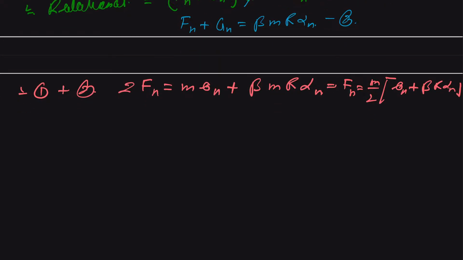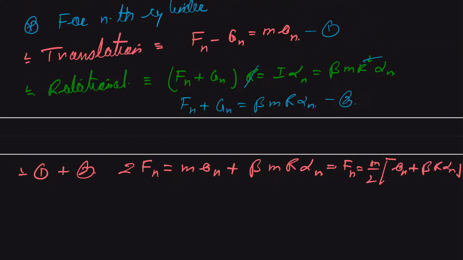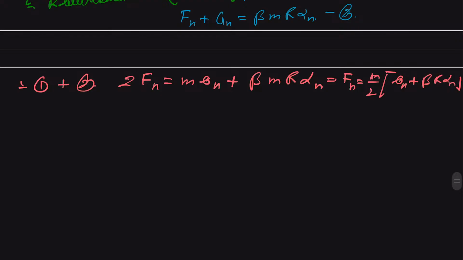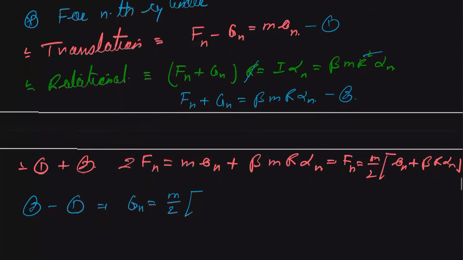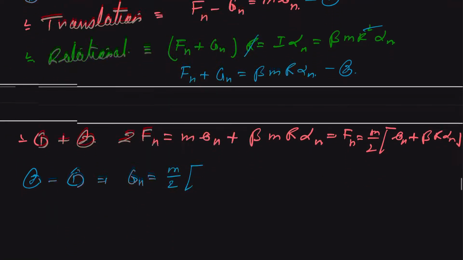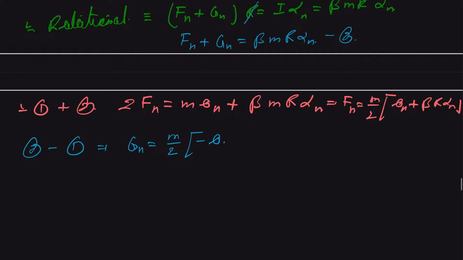And if we subtract them, we do 2 minus 1. 2 minus 1 will be giving us 2G of n, so we can write G of n will be equal to m by 2 times minus a of n plus beta r alpha of n.